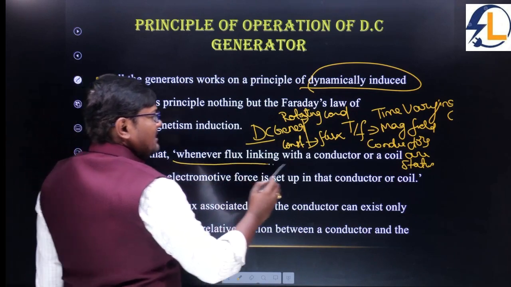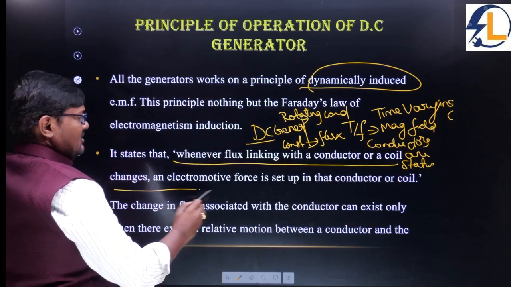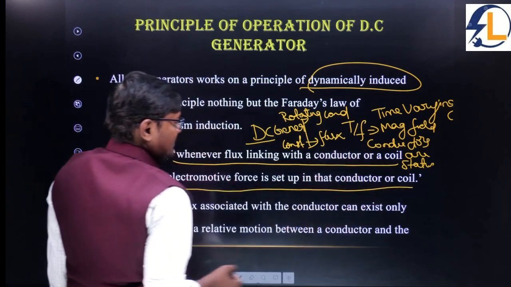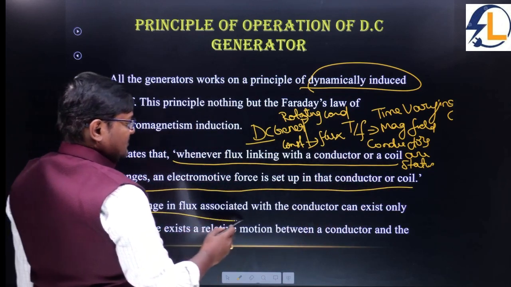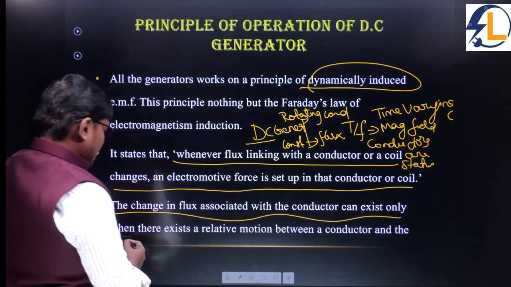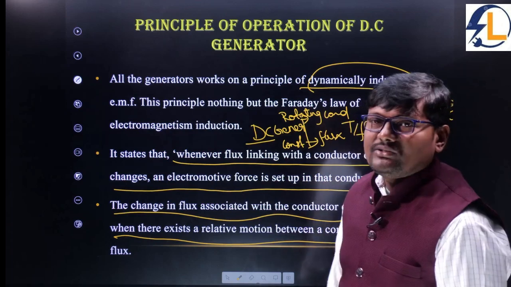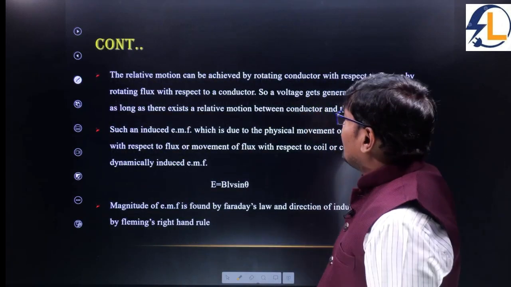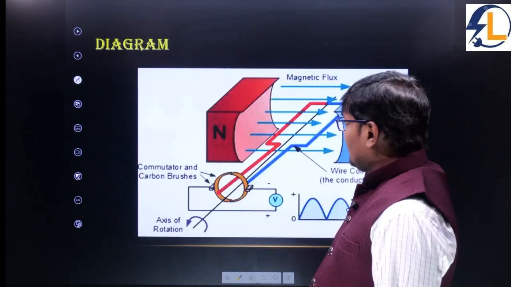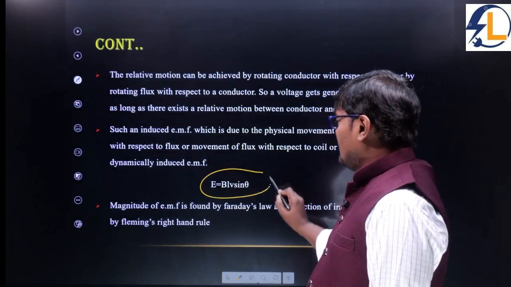Whenever the flux linking with the coil changes, an electromotive force is set up in that conductor or coil. The change in flux associated with the conductor can exist only when there is a relative motion between the conductor and the magnetic flux, as we discussed already. So E is equal to BLV sin theta.